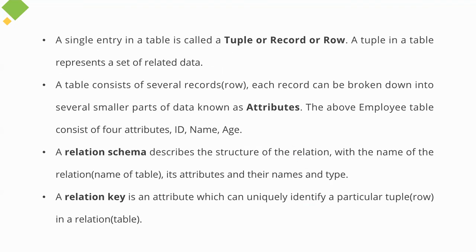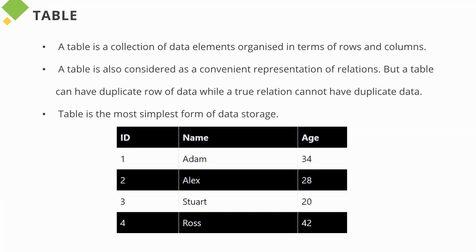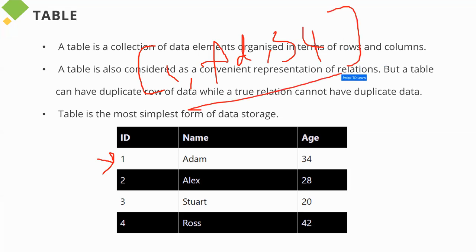A single entry in a table is called a tuple or row. Here, 1, Adam, 34 is a tuple. This is a row, whereas ID, name, and age are the attributes of the entity student.